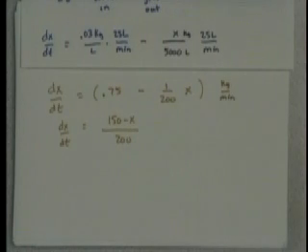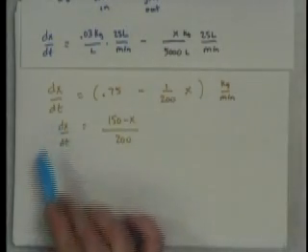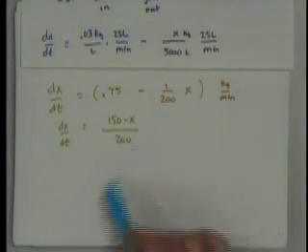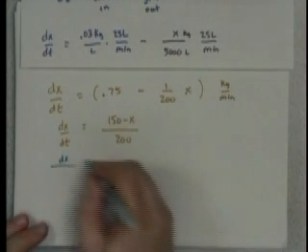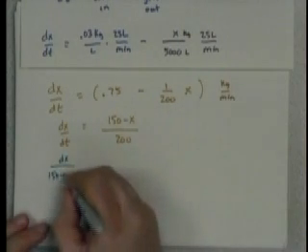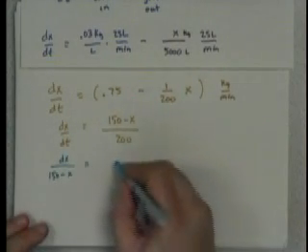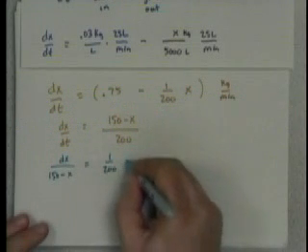So separation of variables: I'm going to divide the x over to the side that has dx, and multiply dt up over to this side. So I get dx over (150 minus x) equals 1/200 dt.